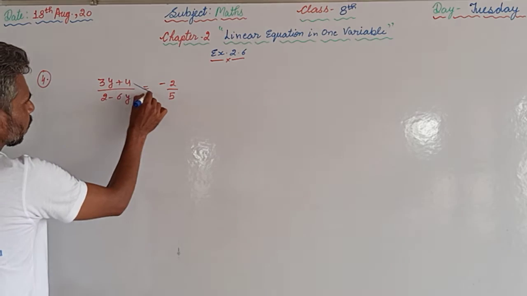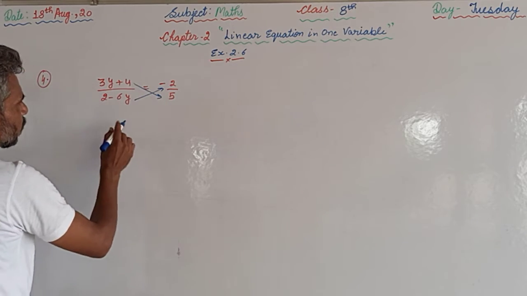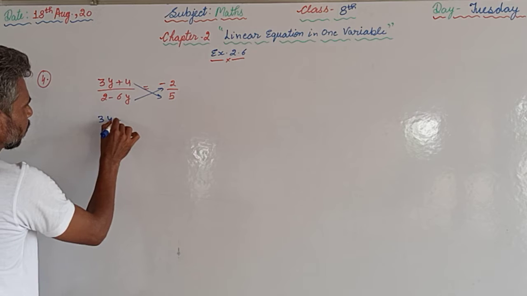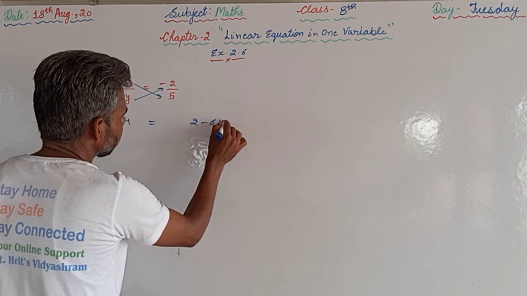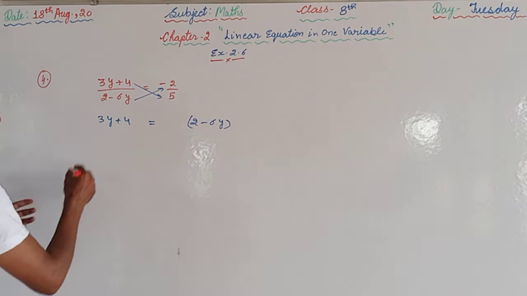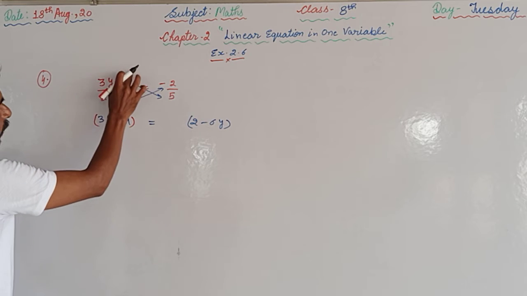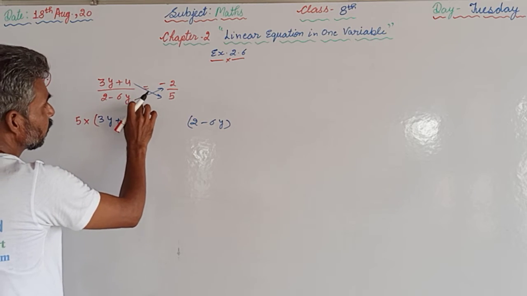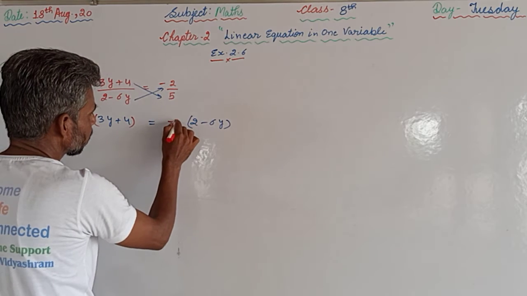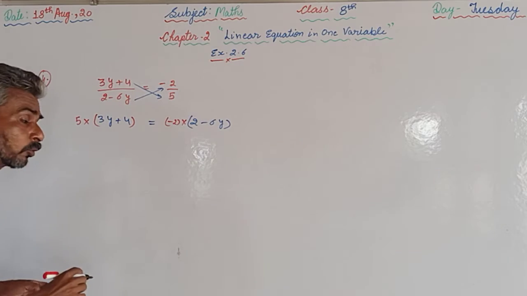So again we will cross multiply first of all. So 3y plus 4 will be equals to 2 minus 6y, and we are supposed to multiply. 3y plus 4 will be multiplied by 5 and 2 minus 6y will be multiplied by minus 2. We are supposed to include the sign as well.